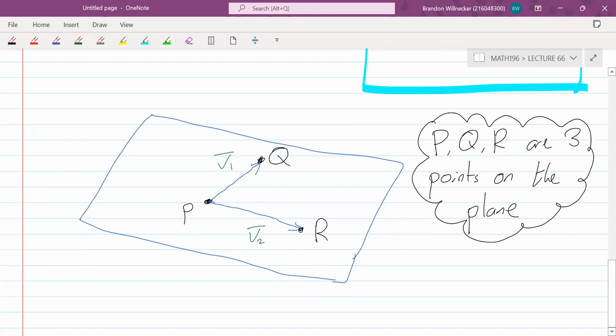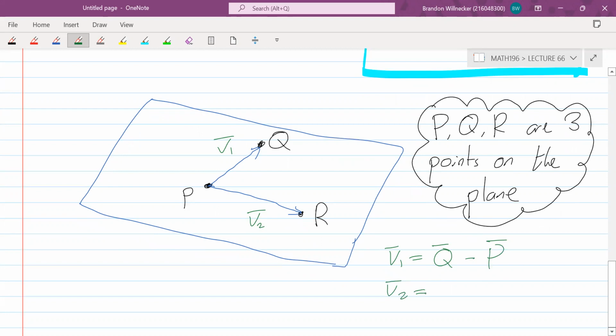Okay, so what did we do? V1, we found by taking the vector that's going to Q minus the vector that goes to P. Remember we did that with the parallelogram stuff. So it will be the vector going to point Q minus the vector going to point P. That gives us V1.